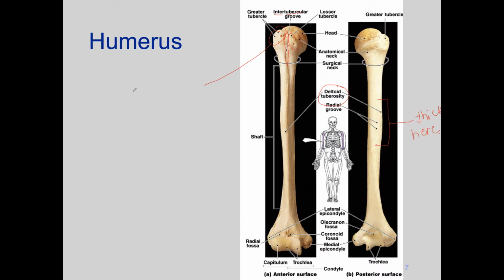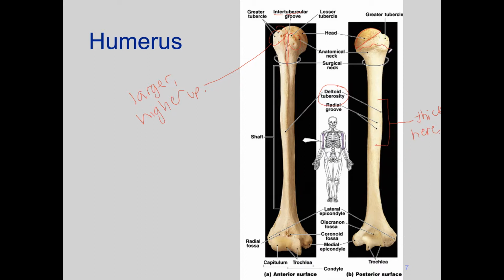Well, the greater tubercle is larger in surface area and higher up on the humerus itself. So it's closer to the very top than the lesser tubercle is. The lesser tubercle is smaller and it's lower down. And the intertubercular groove runs between the two. Now, you can see the head here which is divided from the rest of the bone by what's called the anatomical neck.